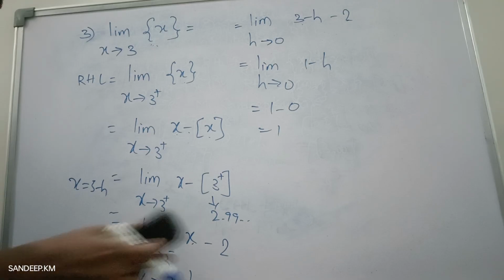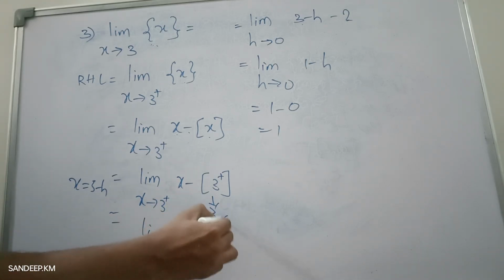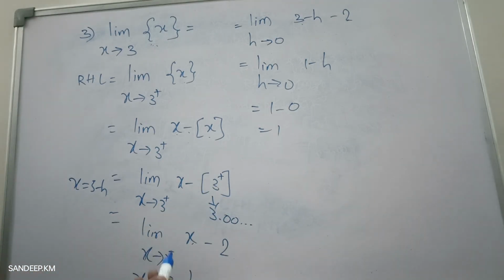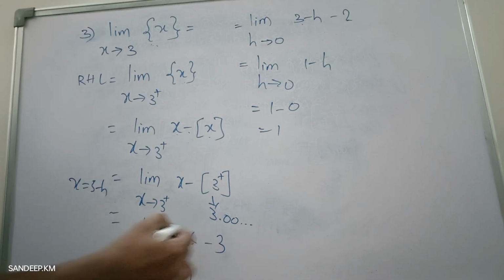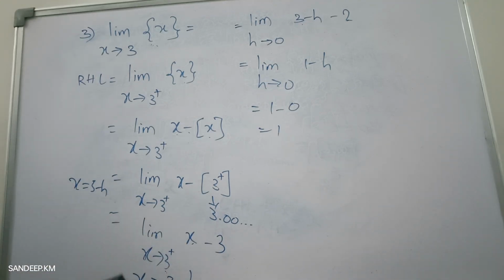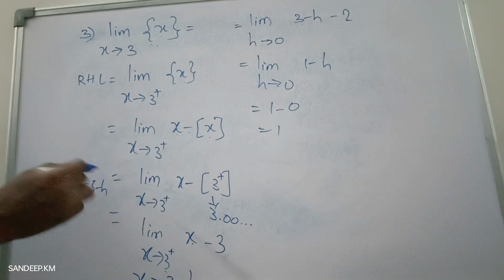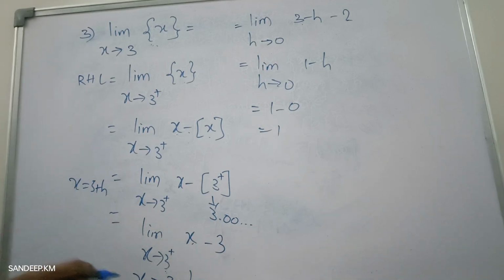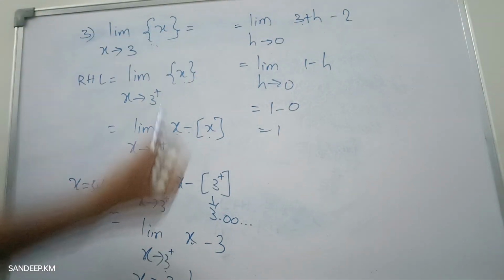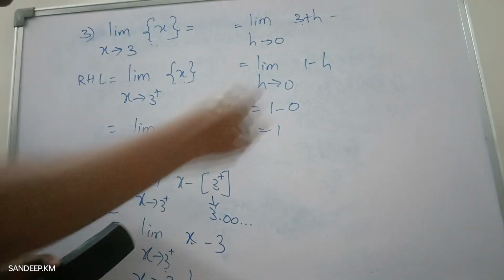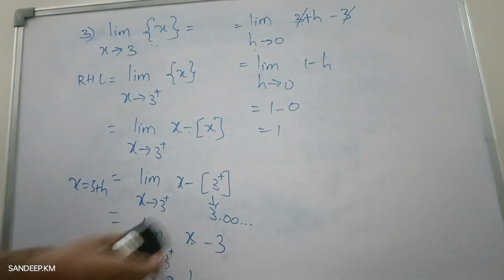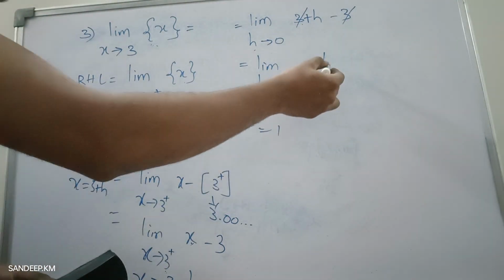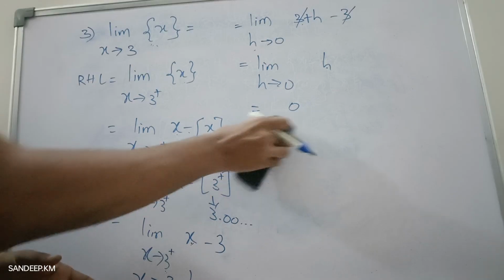Dear students, 3 plus means 3.000 something, and step of 3.000 something is 3. When x is approaching 3 plus, x is actually equal to 3 plus h. I will write 3 plus h minus 3, and h is approaching 0. The plus 3 and minus 3 cancel, so we get only h. When I substitute 0, our answer is 0.